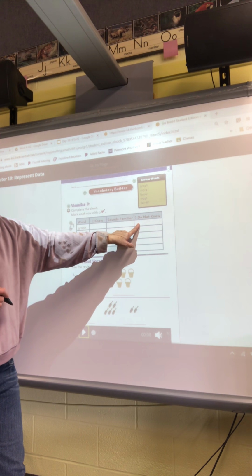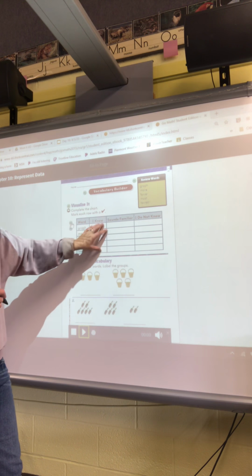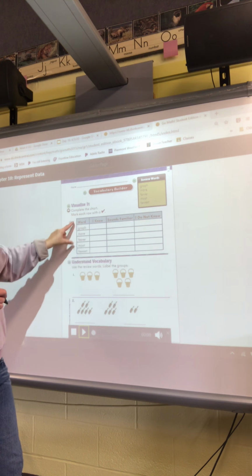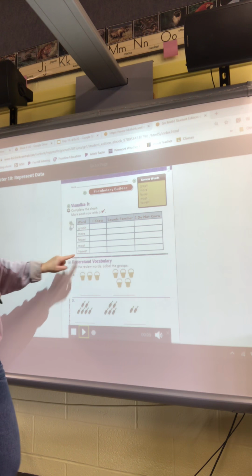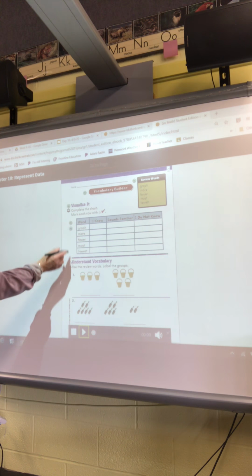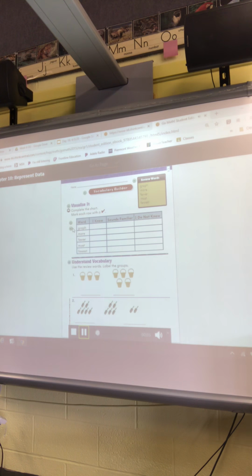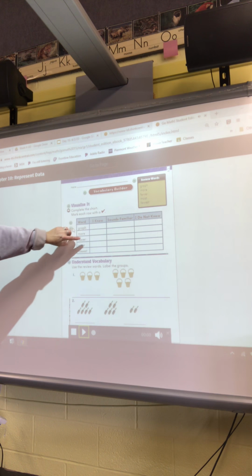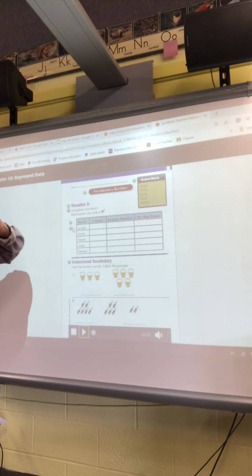Or, I don't know what that means. And then you check here. So you're making a graph of what you know about these vocabulary words: graph, more, fewer, most, fewest. Then you decide what category you have for knowledge about them and understanding.